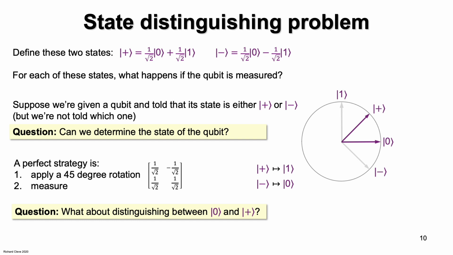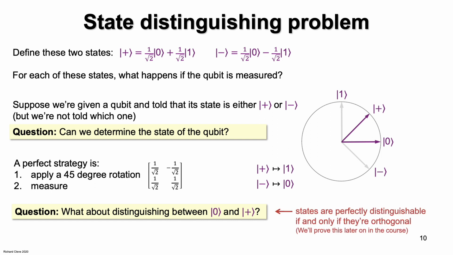The problem with distinguishing between the ket 0 state and the ket plus state is that they are not orthogonal. So there's no unitary that takes one of them to ket 0 and the other to ket 1. And in fact, there is no perfect distinguishing procedure.